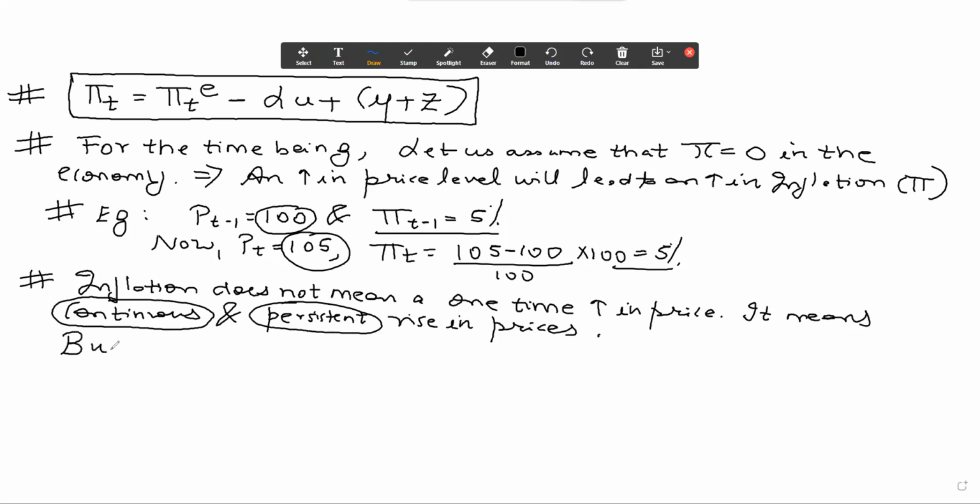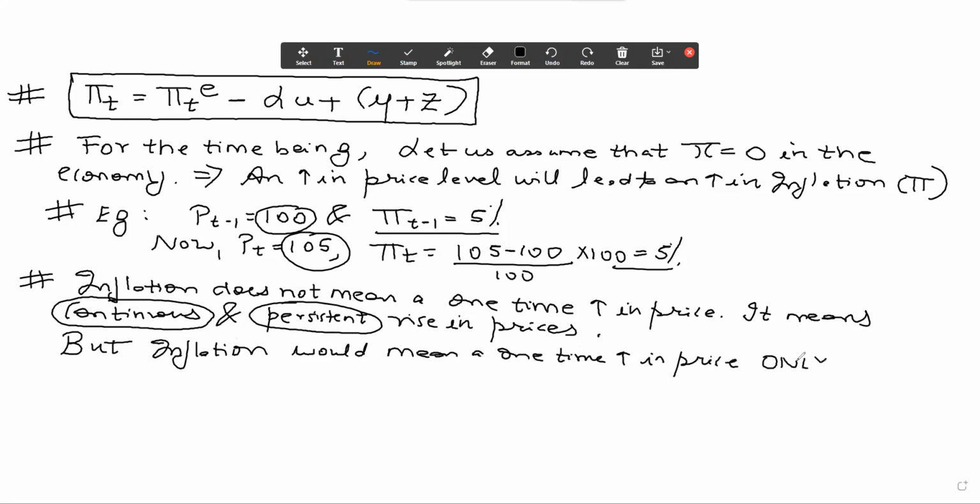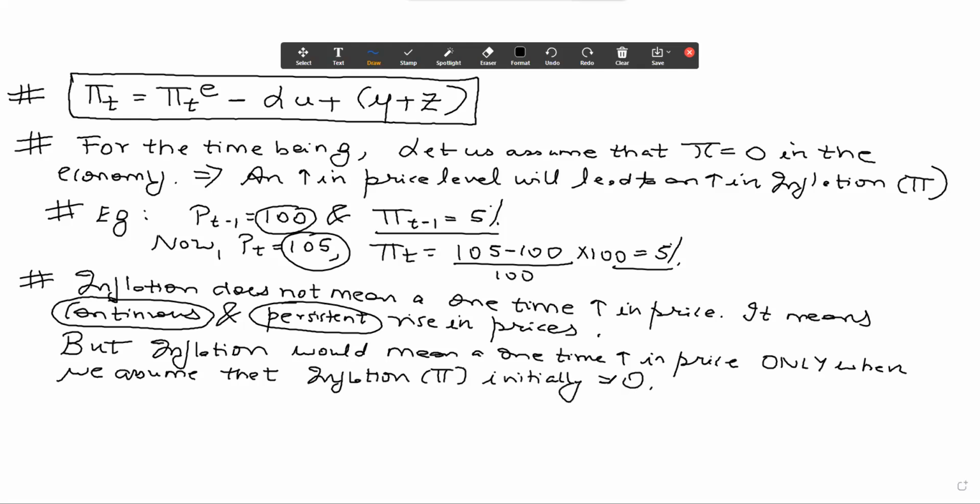But inflation would mean a one-time increase in price only when we assume that inflation initially is equal to 0.